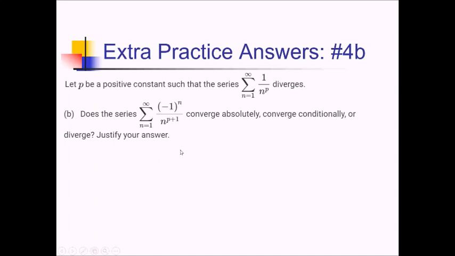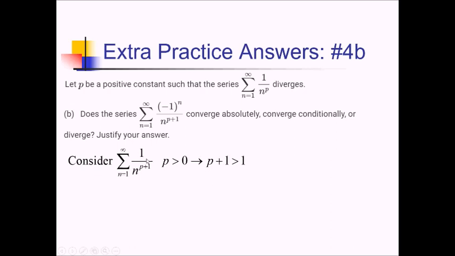For this part, they're asking if the series -1 to the n over n to the p plus 1 converges absolutely, conditionally, or diverges. So we first consider the absolute value version of this, 1 over n to the p plus 1, to see if we can get absolute convergence. The key on this one is they told us p was a positive constant, so that means p is greater than 0, which means that p plus 1, if I add 1 to each side here, is going to be greater than 1.